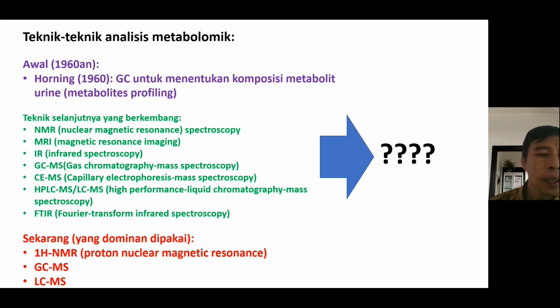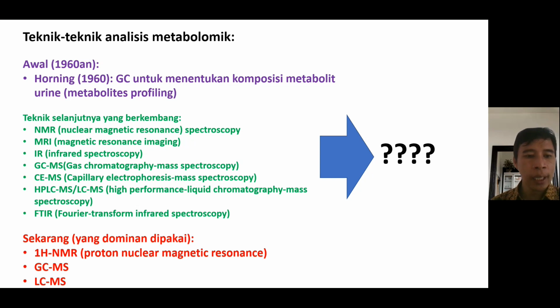Some researchers also like to use FTIR, or Fourier transform infrared spectroscopy, when you focus on alkyl or additional structures of your metabolites. So you may need this kind of technique to quantify and also to identify your samples.